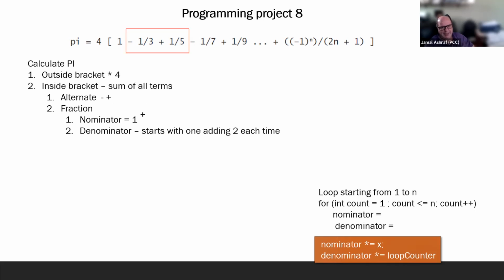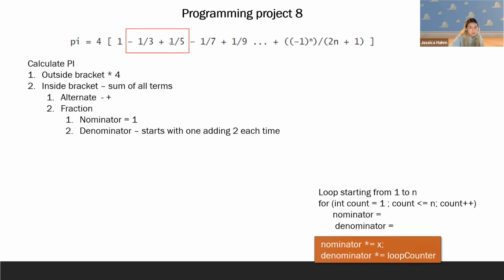Now, when I have my numerator and I have my denominator, I'm going to divide them. Whenever I divide something in C++, I have to check it is not integer divided by integer. Because if I have numerator as 1 and my denominator as 3, what is 1 divided by 3? 0.